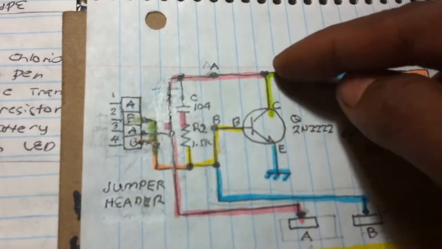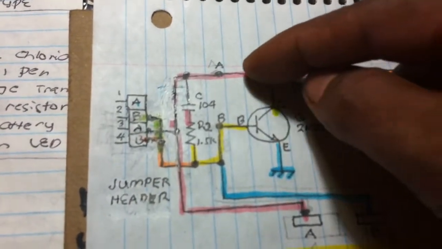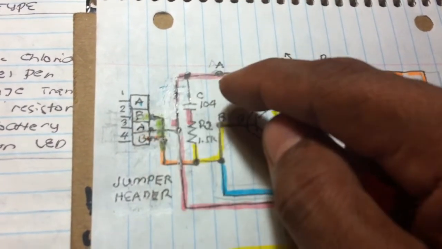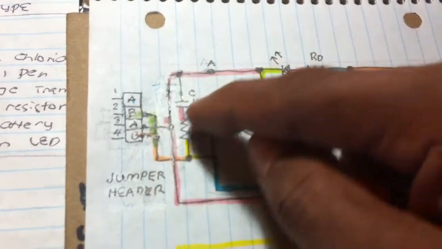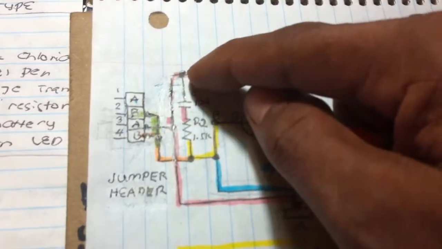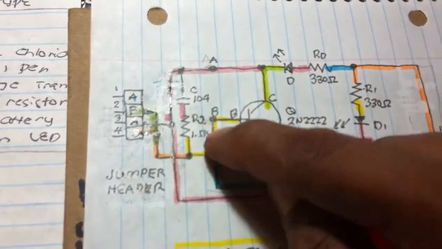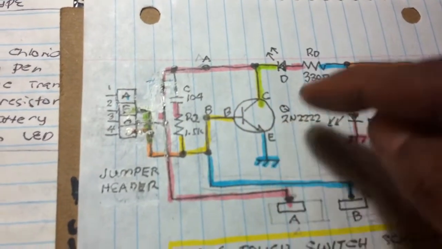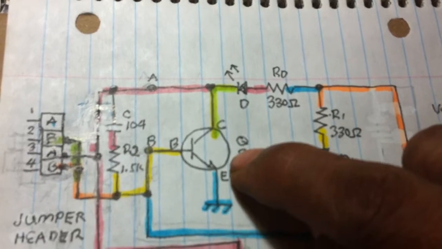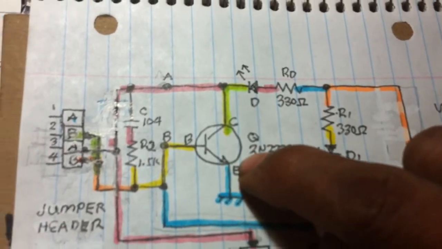When you connect the header at the center, current also flows into the collector. Since this is connected to B and A, now current also flows to the capacitor, to the resistor, and to the base, to the ground. It also flows to the collector, operating the transistor in saturation mode.